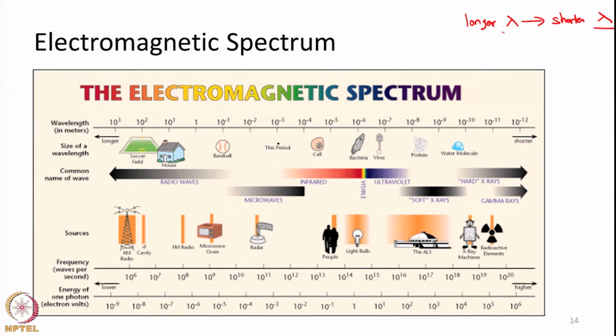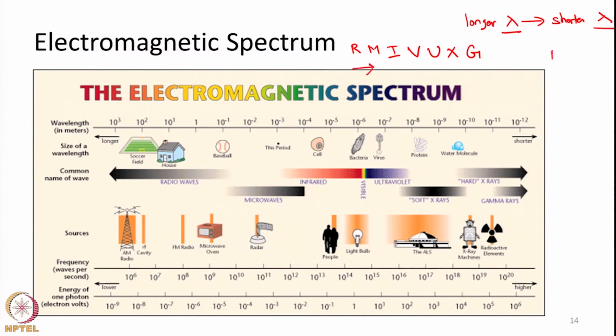By the way, lambda is the symbol we conventionally use to denote wavelength. So, if we use this symbol lambda any time in this course, it will indicate we are referring to wavelength. I will write it as R M I V U X G, from longer wavelength to shorter wavelength in this particular order.